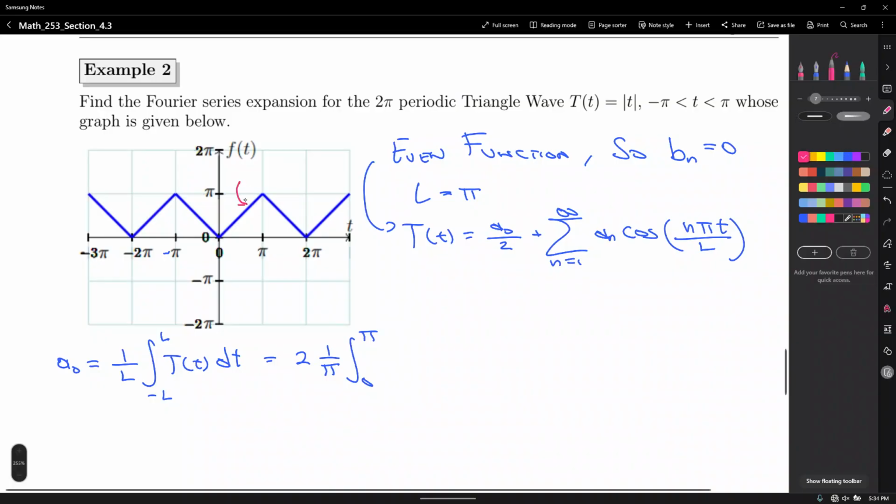This function right here, do you guys agree this is the function f of t equals t, where t goes between 0 and pi? All right, it's just a diagonal line passing through the origin. This other line right here is f of t equals negative t because of the negative slope, with t going between negative pi and 0.